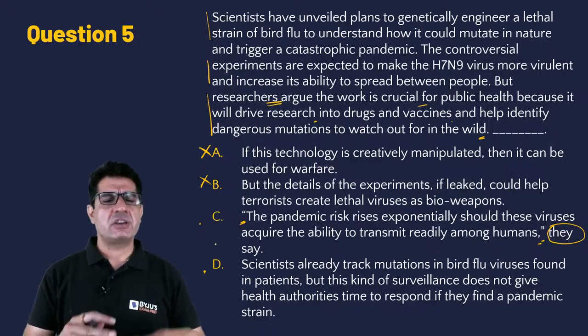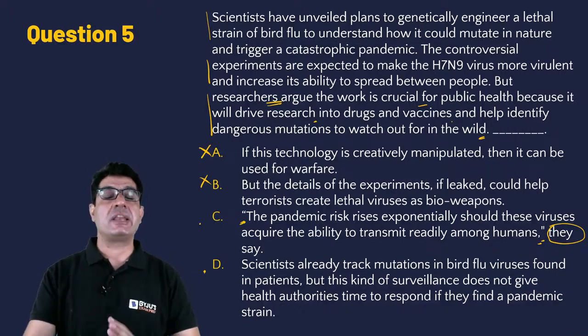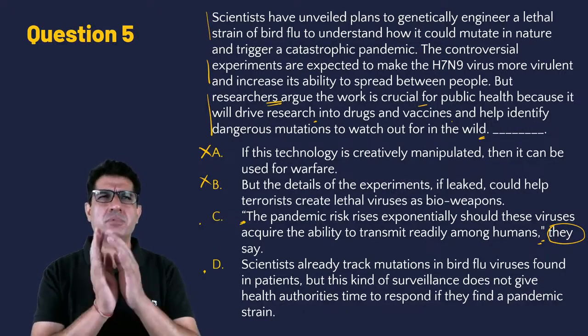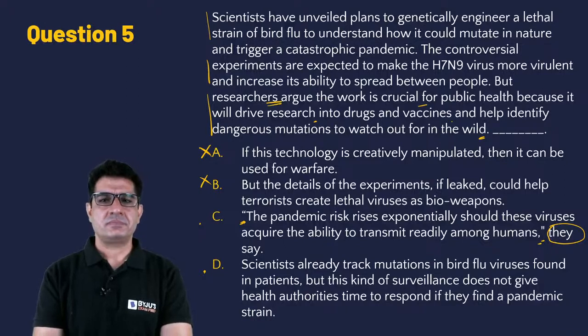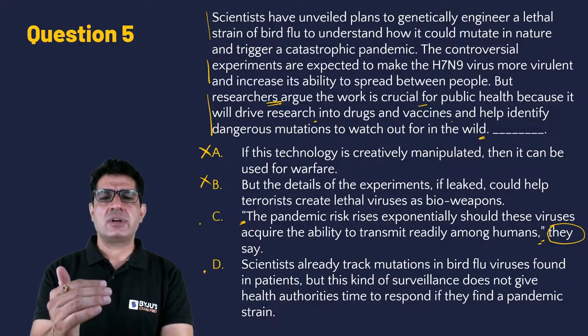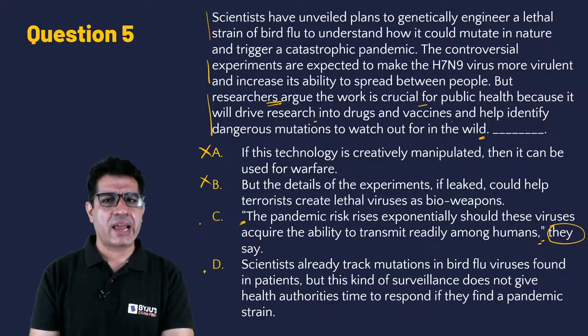So C versus D, what are your arguments? At the end of the day, it is your quality of argument which should determine the correct answer. The stronger the argument you are able to create, the better it is for you. So if I look at C, it essentially gives you a sentence which is more or less a reiteration of what comes right before the blank, right?